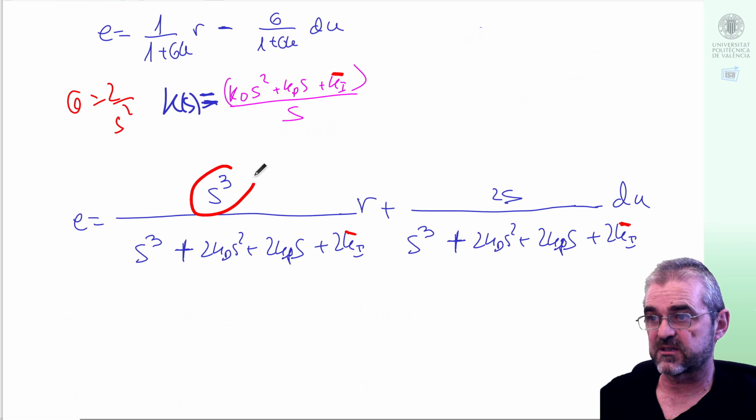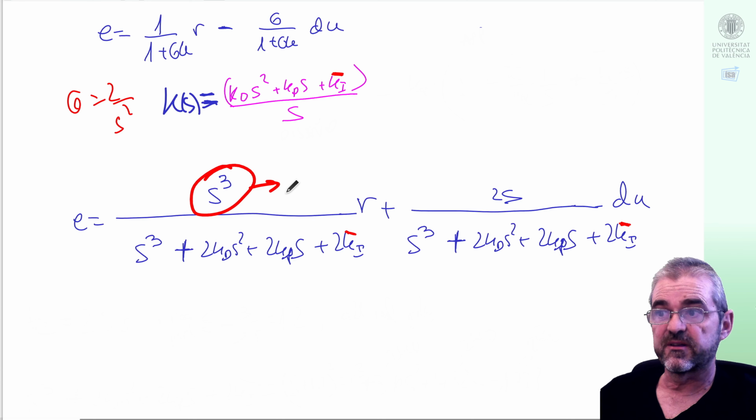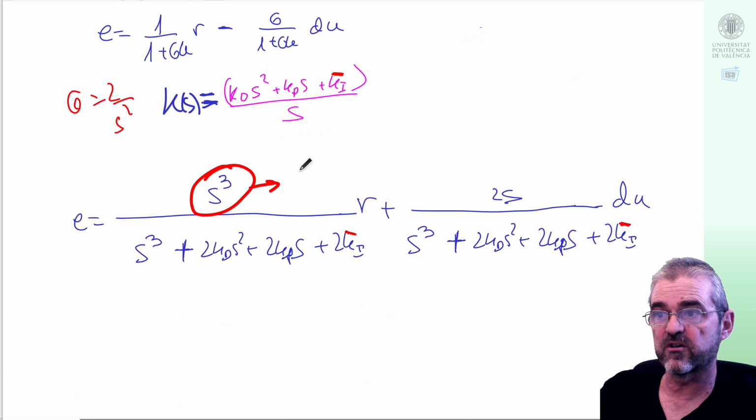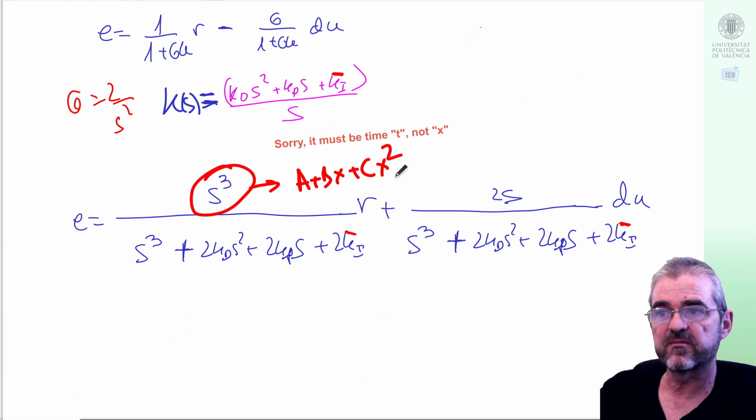And indeed, this s cubed is a triple derivator, which means that when subject to references in the form a plus bx plus cx squared, the third derivative of this will be 0, so I will have 0 steady state error when exponentials finish.